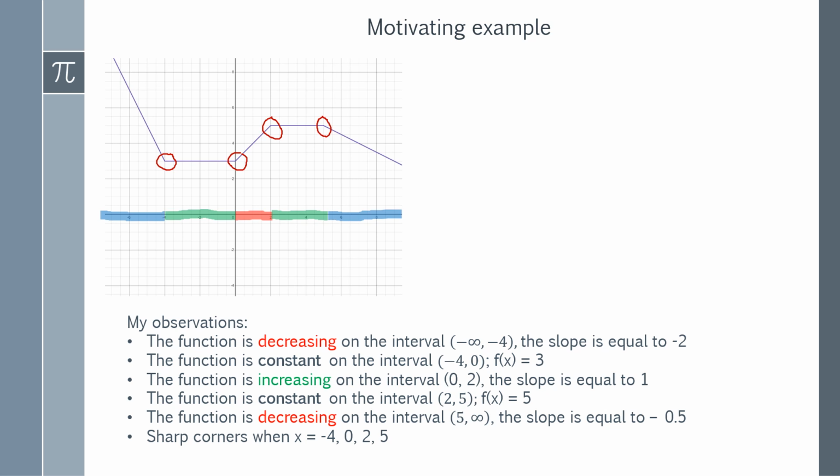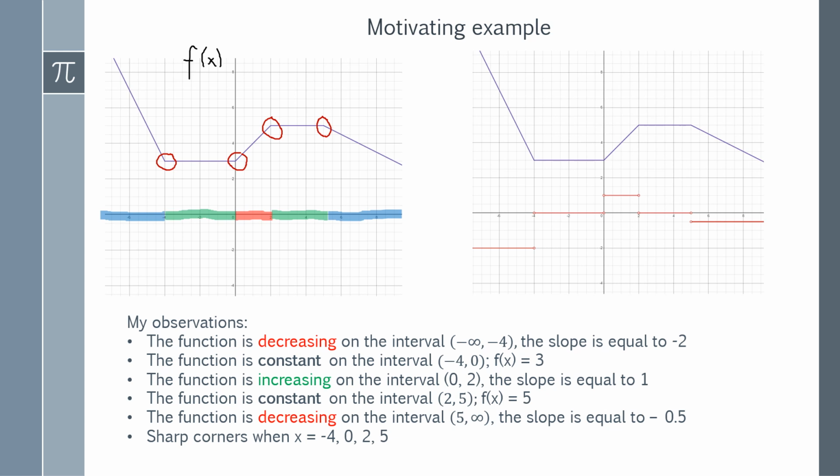Now, this is the graph of the function. Let's go ahead and call it f. Based on these observations, we're going to make a sketch of the function's derivative. So the graph of the derivative will look like this. We've mentioned that on the interval from -infinity to -4, our function was decreasing.